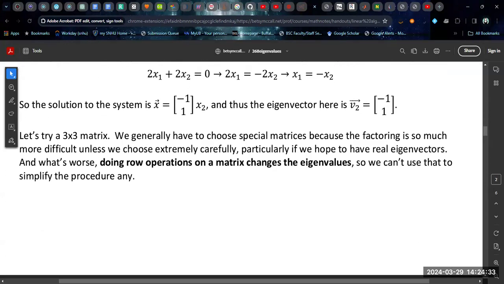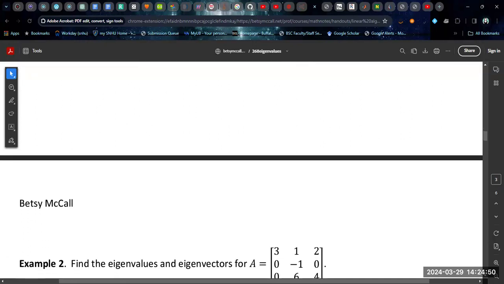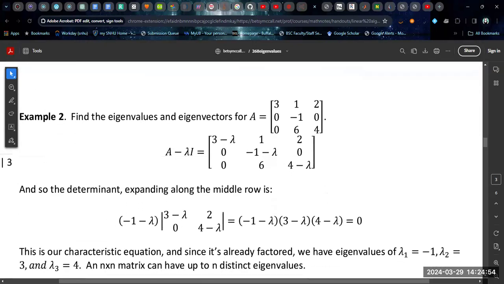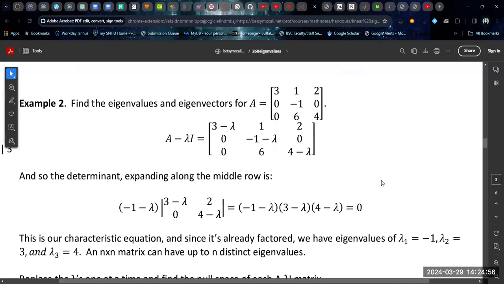Now, if we do a 3 by 3 matrix, we do have to be a little bit careful because doing row operations on a matrix changes the eigenvalues. So we can't use that process to simplify in any way, at least not until we have individual eigenvalues already. So if we start with a 3 by 3 matrix, we're going to end up here in our example.